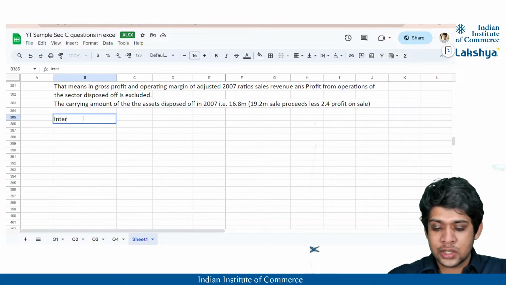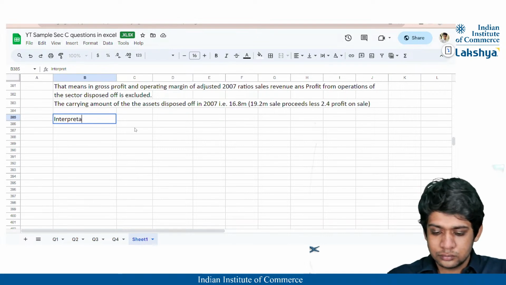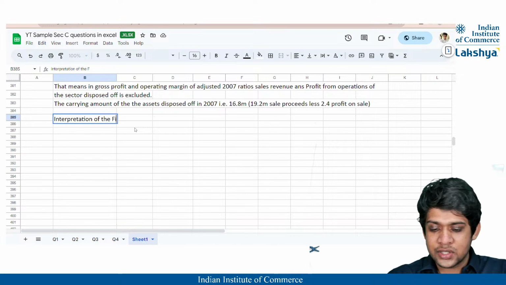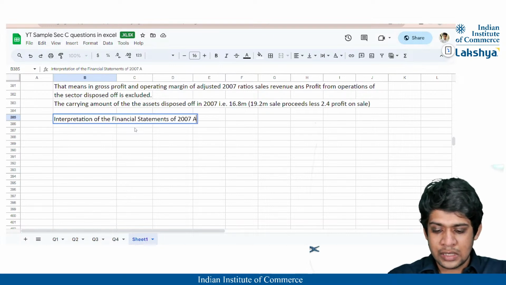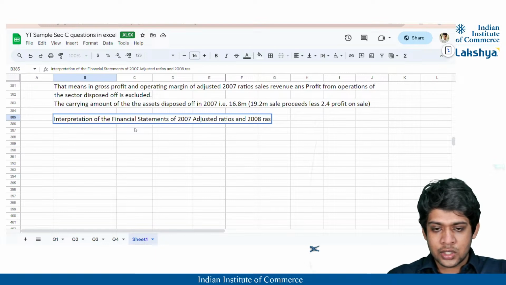So interpretation of the financial statements of 2007 adjusted ratios and 2008 ratios as calculated above.